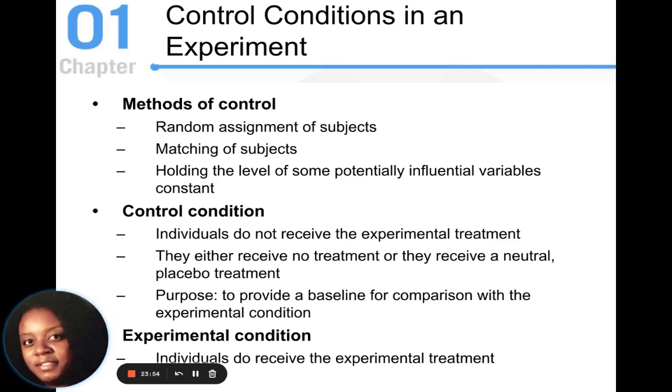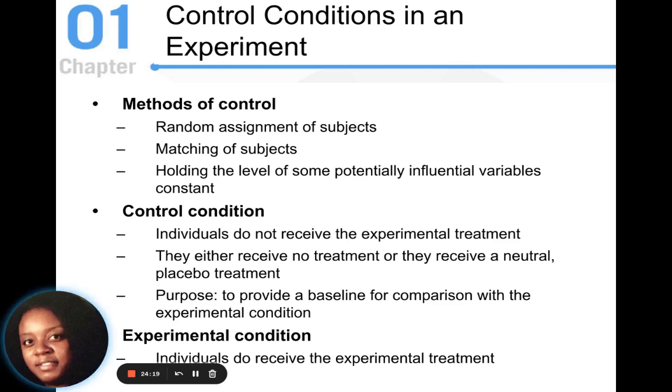If I'm going to randomly assign subjects, that means I'm going to take individuals from my sample and put them in group A or group B, and I'm going to do it randomly. And I can try to match those subjects as much as possible. Or I can make sure some variable is constant for both groups, such as noise. Both groups are exposed to it.